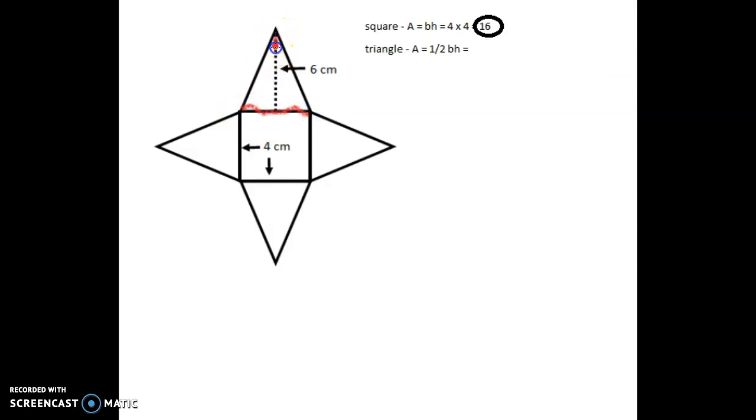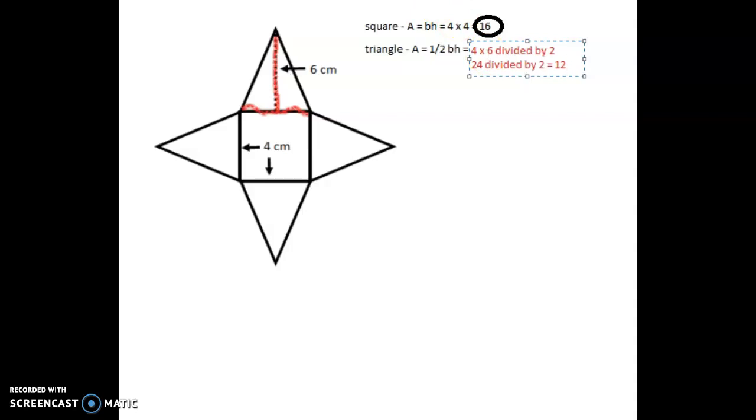And the height is always the top straight down, so 6. So for the triangles, it's 4 times 6, but then divided by 2. So 24 divided by 2 gives us 12.